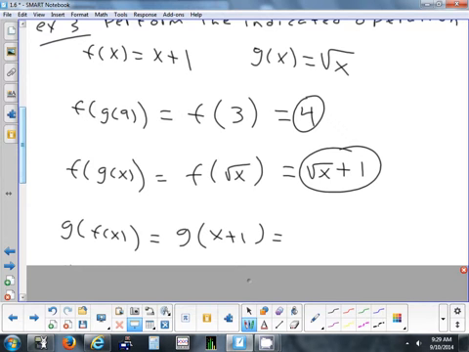So how about Carly? If you plug x plus 1 into g, what do you get? The square root of x plus 1. Yep. But not when the 1 is underneath the square root, correct? Oh yes, the 1 is because this whole thing gets plugged in for the variable, which is all under the square root. Yep. So make sure you try to make that clear that that 1 is also under the square root.